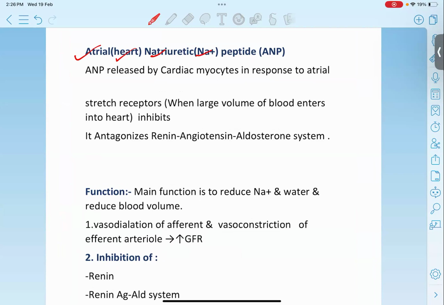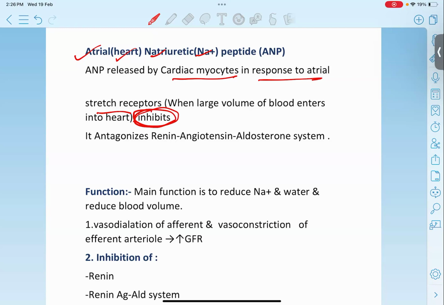So ANP is released from cardiac myocytes in response to the atrial stretch receptor. When a large volume of blood enters the heart, this ANP is released, and it is mainly an inhibitory hormone. Suppose someone is having a volume overload, that means a lot of volume is stagnant inside the body.